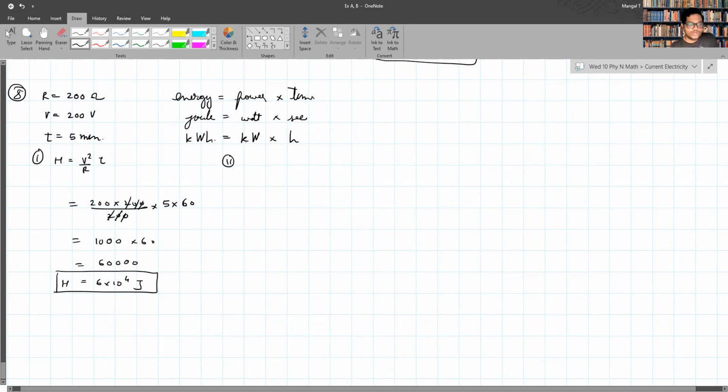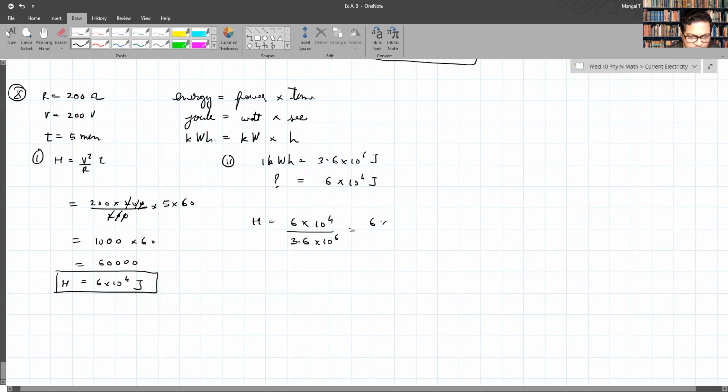Now, if you want to do it in kilowatt hours, you know that 1 kilowatt hour is 3.6 into 10 to the power 6 joules. So how many kilowatt hours will be 6 into 10 to the power 4 joules? I don't think it's difficult math for you. So H will be equal to 6 into 10 to the power 4 divided by 3.6 into 10 to the power 6.